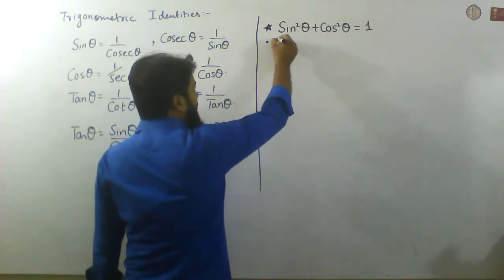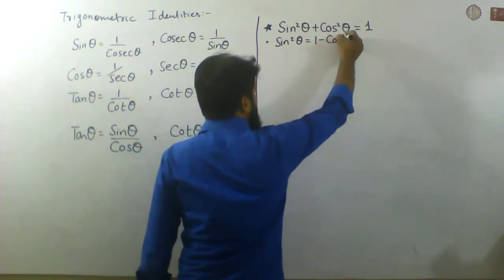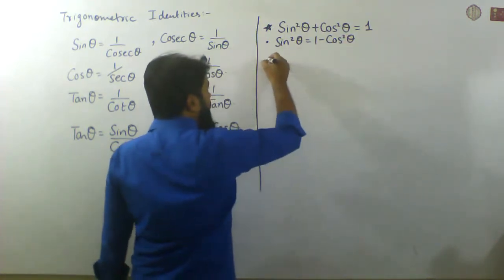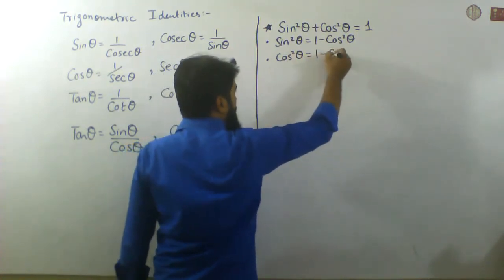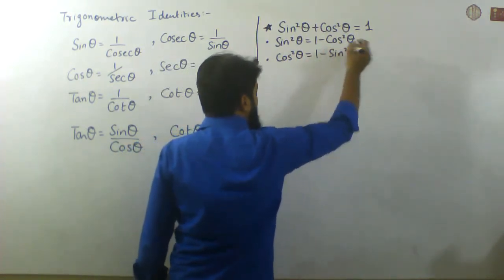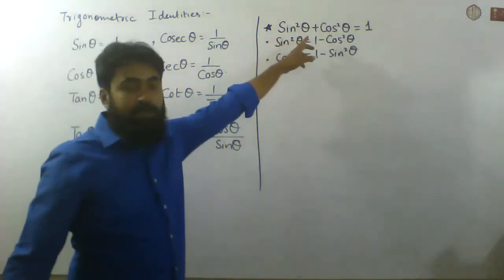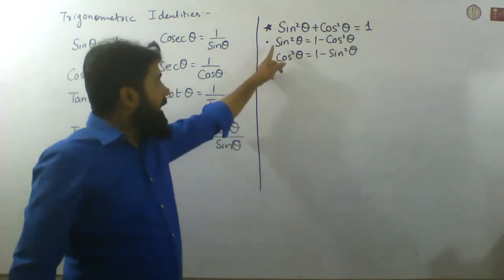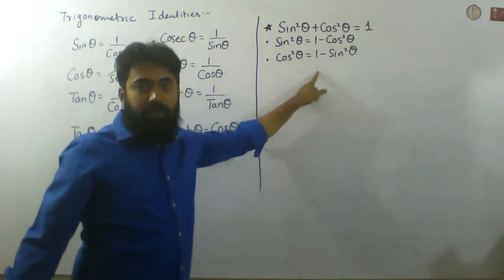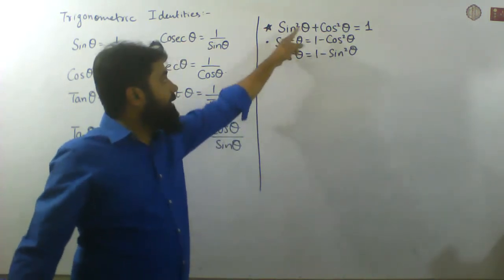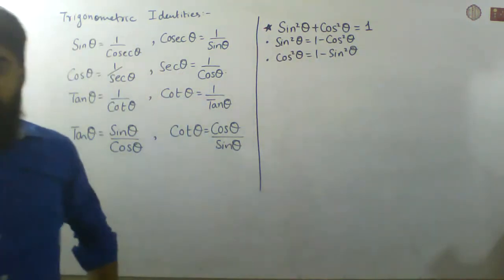You can have sin square theta equals 1 minus cos square theta, or cos square theta equals 1 minus sin square theta. I shifted cos square to the other side to get 1 minus cos square, and in the other one I kept cos square on the left side and shifted sin square to the right side.